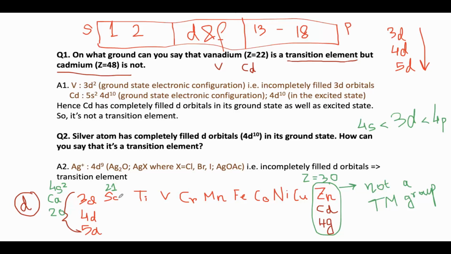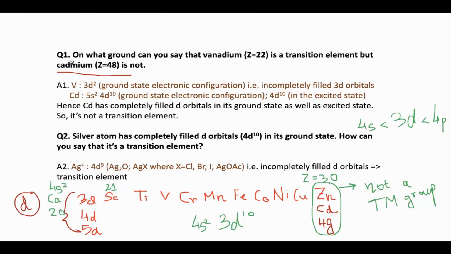Likewise, we have titanium as 4s2 3d2. That's how the electrons will be filled up. Now when we reach zinc, Zn has the electronic configuration 4s2 3d10. So this is the electronic configuration of zinc.